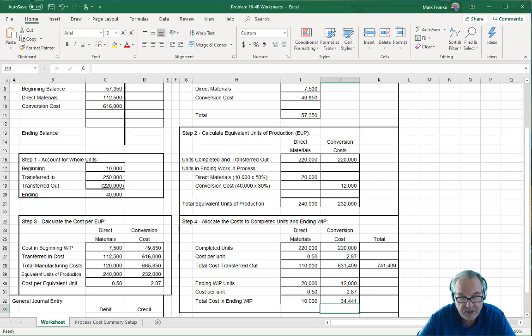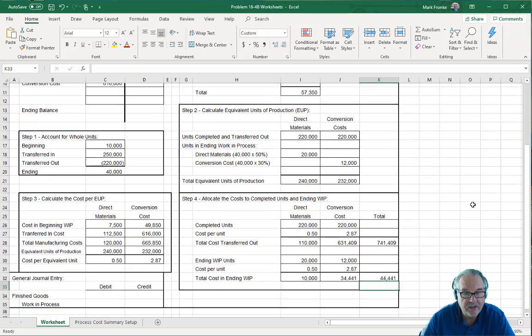That gives me 34,441. When I add these together, I get 44,441. And now I can post that to my journal entry.